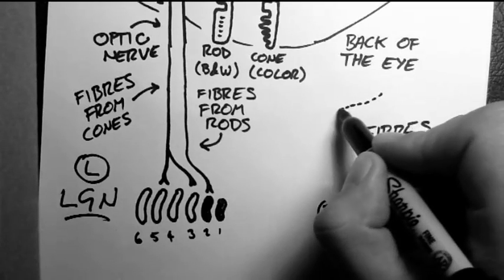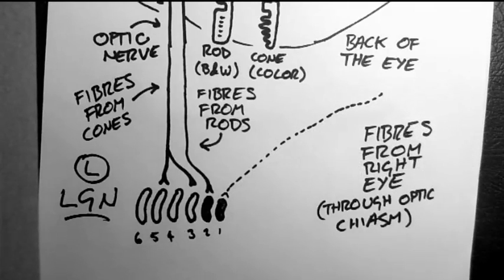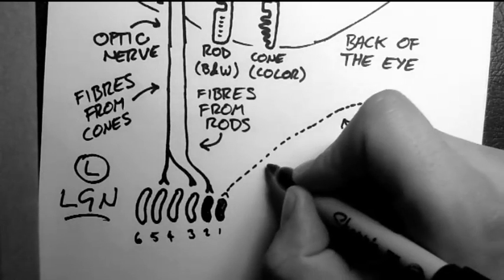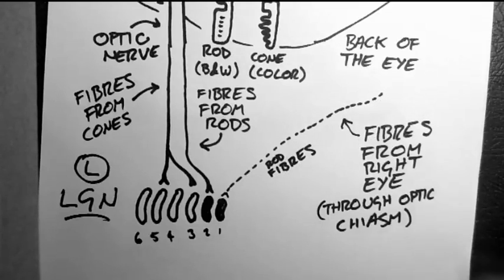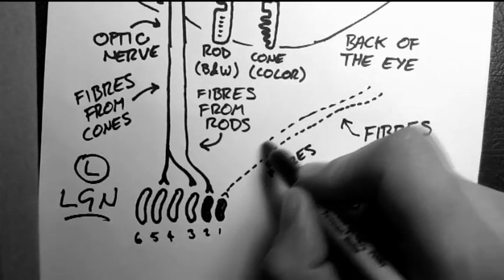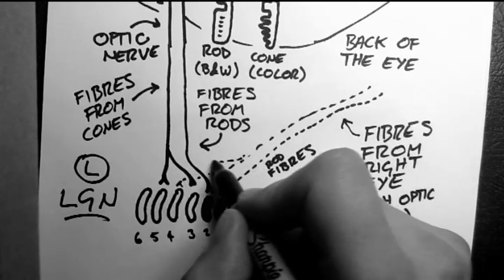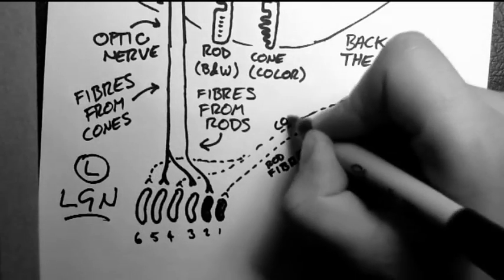And the fibres from the rods of the contralateral eye synapse onto 1, or layer 1. And the fibres from the cones synapse onto layers 4 and 6. And this is the input to the LGN.